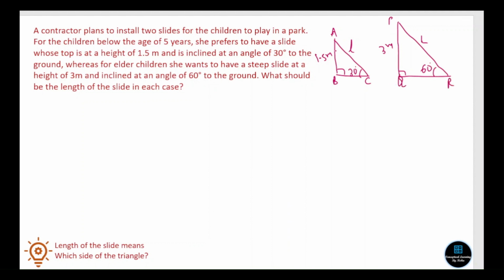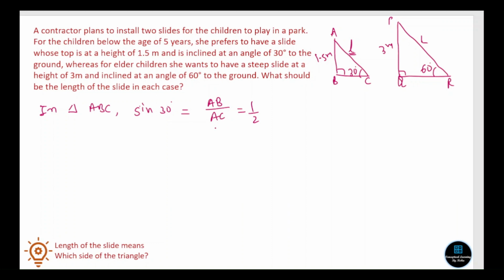So let's find AC first. In triangle ABC, I want to find the hypotenuse. So which ratio should I take? Yes, I have to take sine 30. Now sine 30 degree is what? Perpendicular to hypotenuse. We learned that, right? Sine 30 is 1 upon 2.